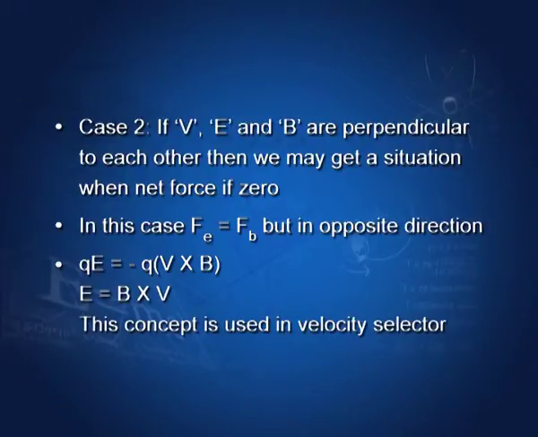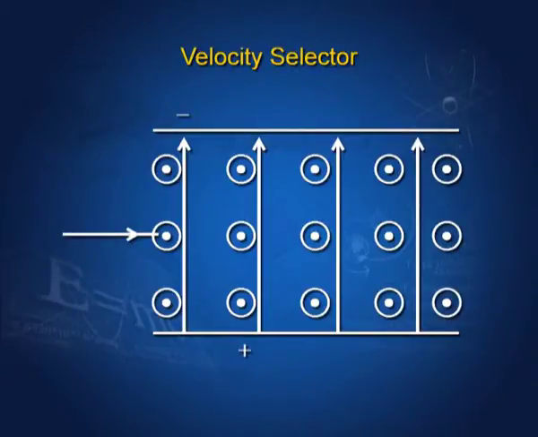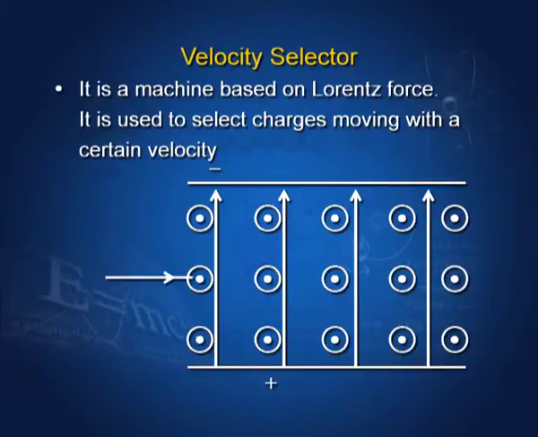This concept is used in the velocity selector. Now, the velocity selector is a machine which is based on Lorentz force. It is used to select charged particles moving with a certain velocity.